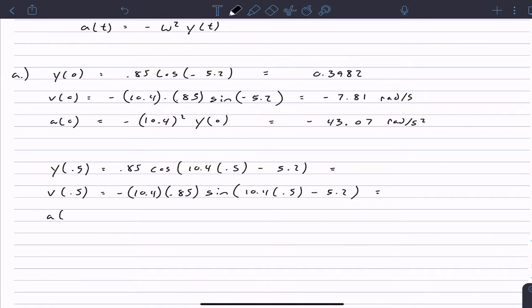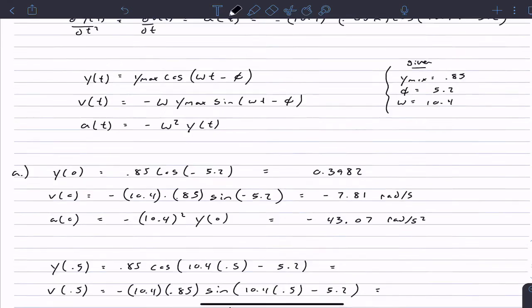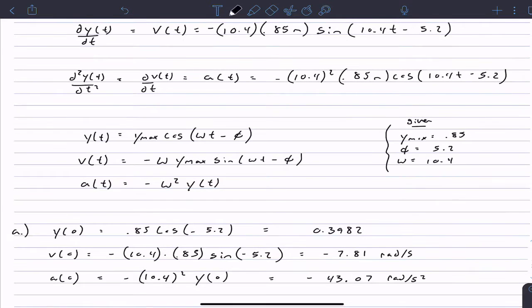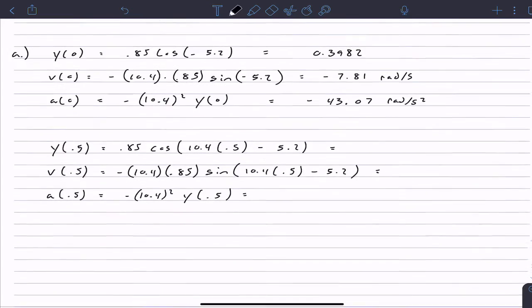And then A of 1/2 is equal to negative 10.4 squared y of 1/2.